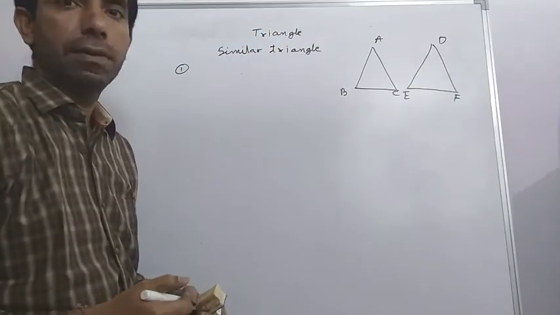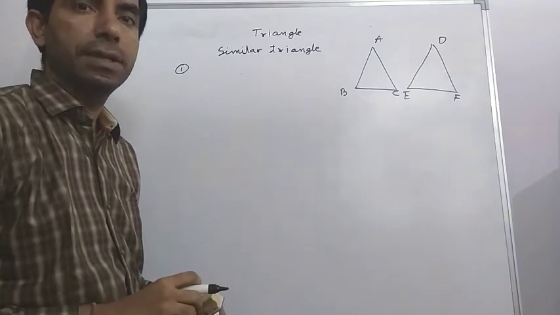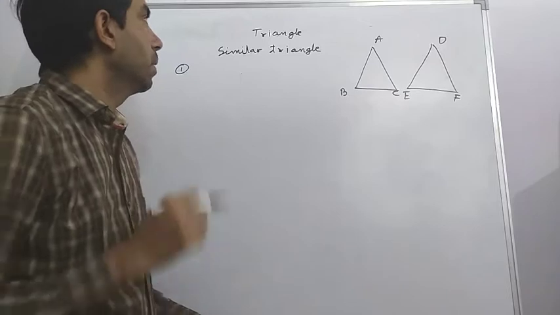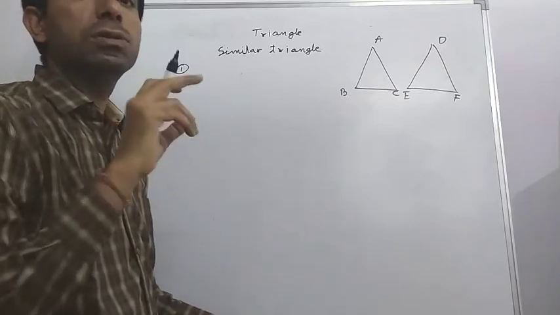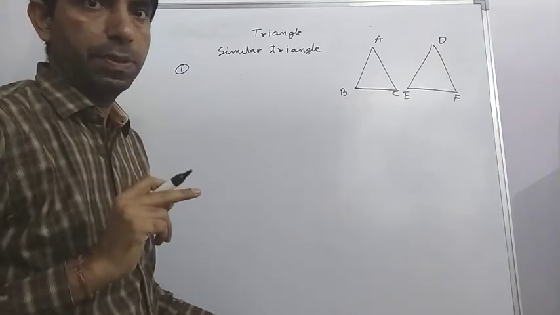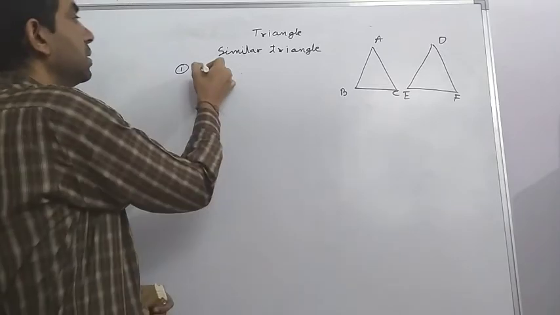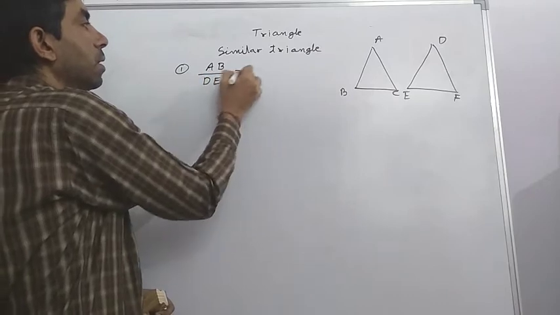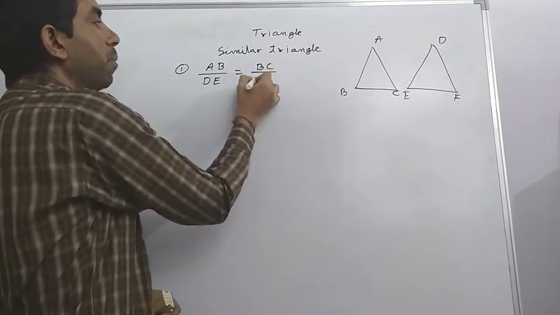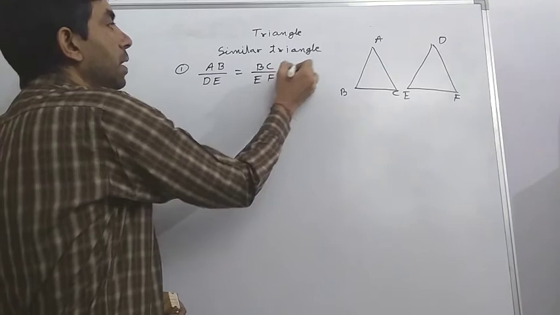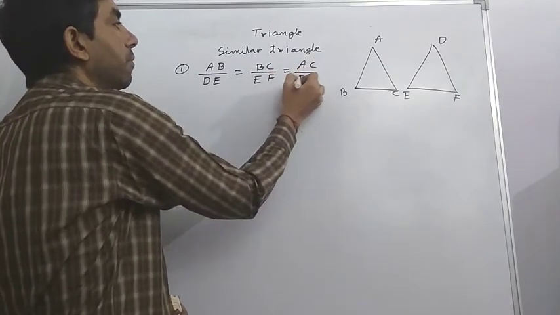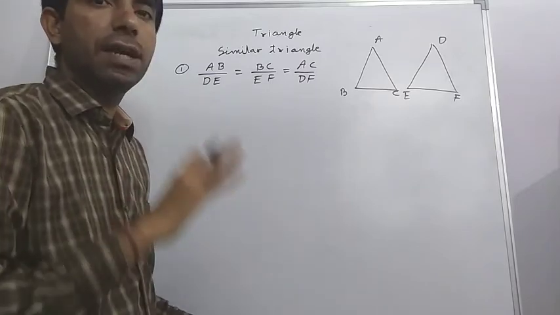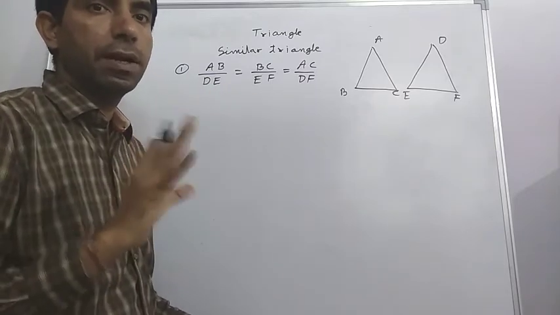For similar triangle, we have to prove some conditions. It is our choice which condition we select. First, if all side ratios are equal, then it is similar triangle. Means AB upon DE, BC upon EF, and AC upon DF. In triangles, if all side ratios are equal, then it is called similar triangle.